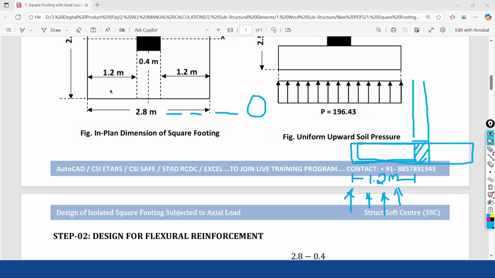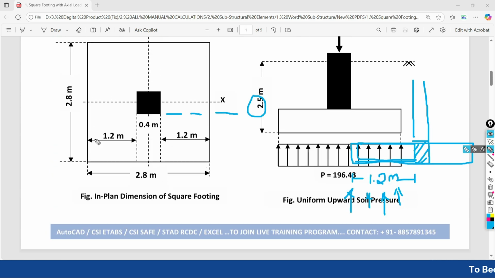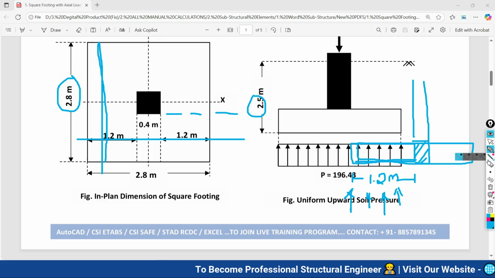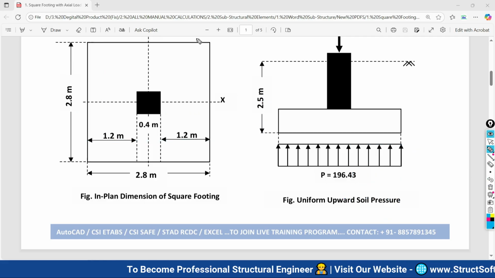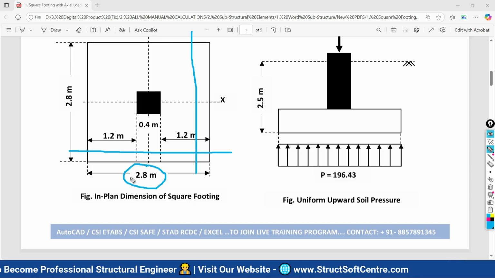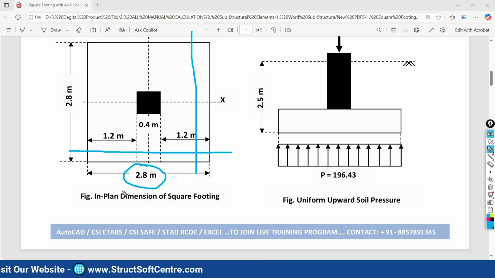If you do the calculation along this direction, you have to consider the transverse width, which is 2.8 meter. And if you do the calculation in the other direction, the transverse dimension will also be 2800 or 2.8 meter.